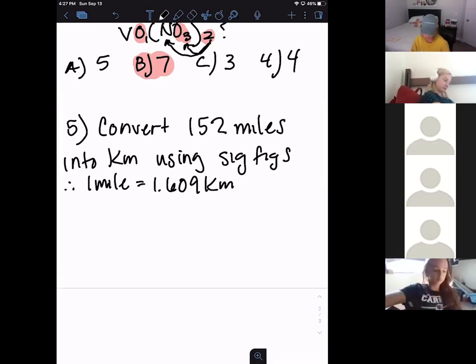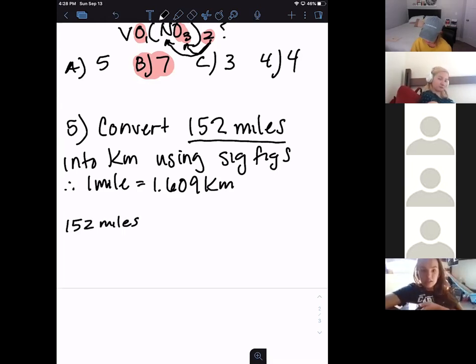So now what we have to do is set up what I like to call dimensional analysis, okay? We want to go from miles into kilometers, right? So how would I begin to do that? You would take your starting value, miles, and this is multiply.